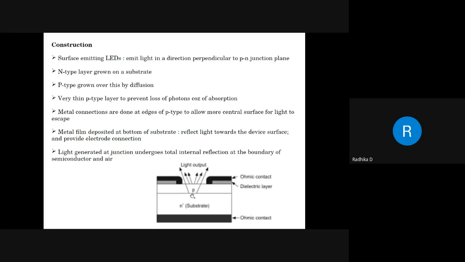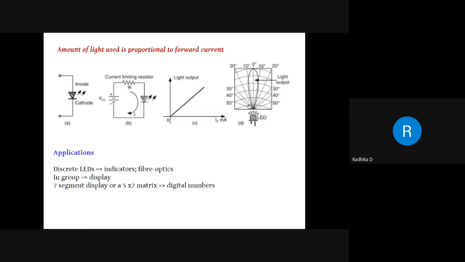Now, what is going to happen in the case of LED? I don't know if you have noticed, there is an outer layer of glass. Have you noticed? Yes, ma'am. So there is an outer layer, right? See, this outer layer is here.